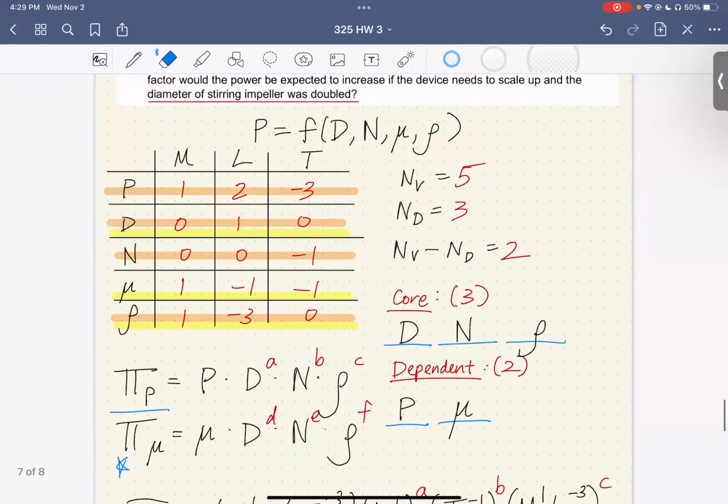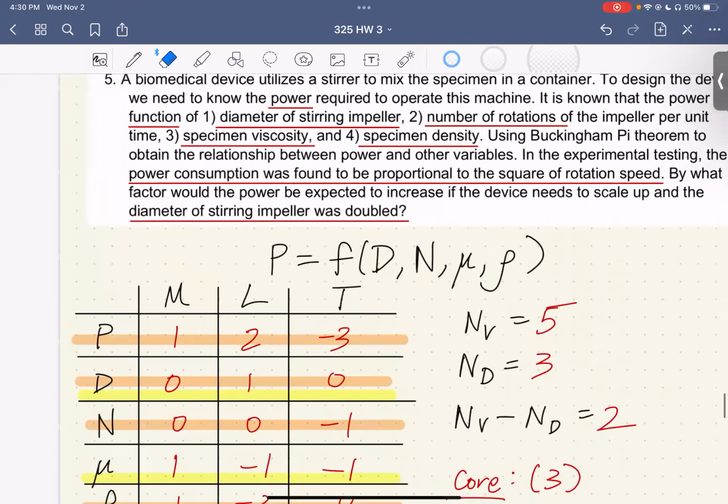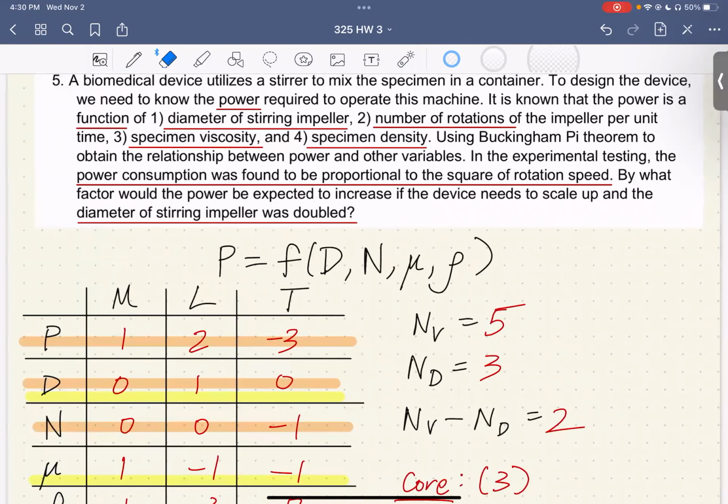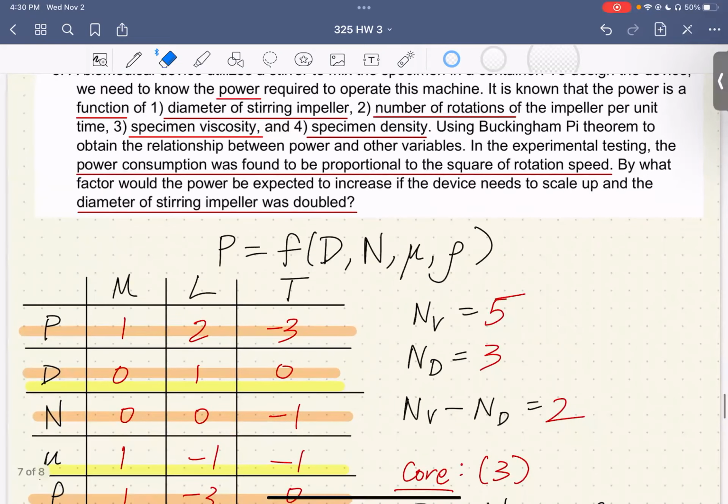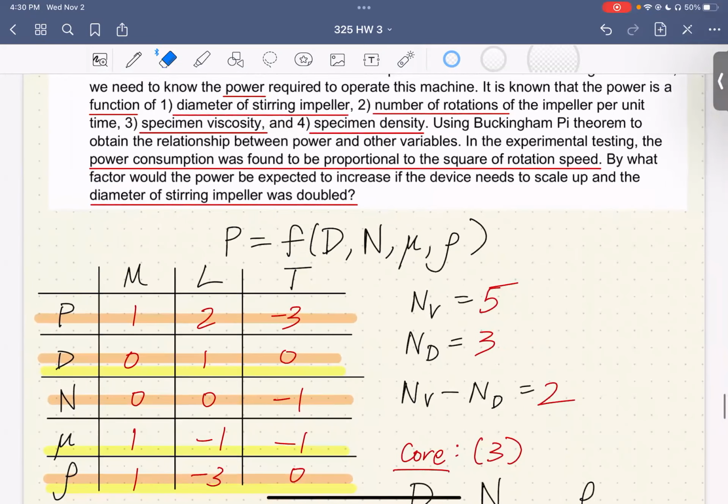Now let's take a look at the question. It says now power consumption is proportional to the square of the rotation speed, right? So that means by what factor will the power be expected to increase if the device needs to scale up and the diameter of the stirring impeller is doubled?